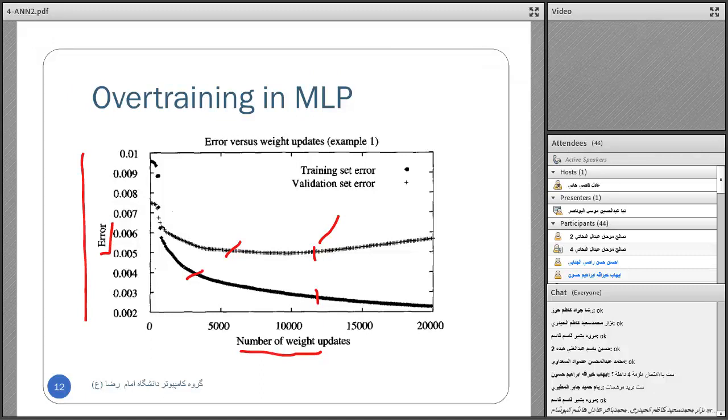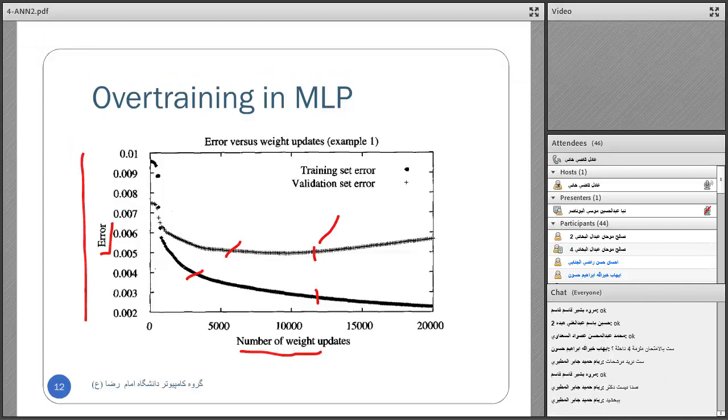So doctor, can you tell us the types of the questions? Okay. In the exam, we will have one question where you have to write the answer. The other questions will be multiple choice.